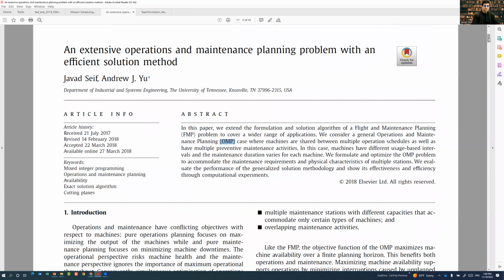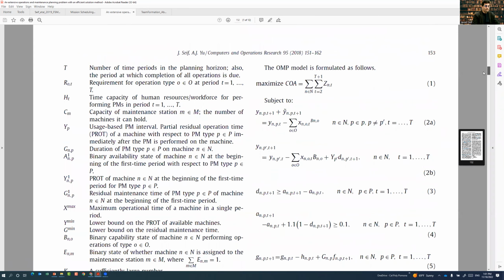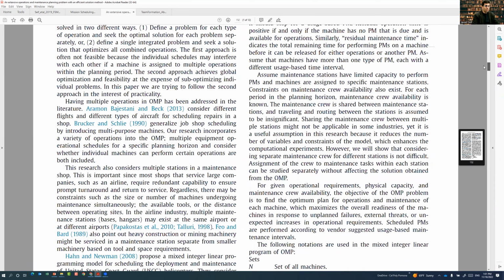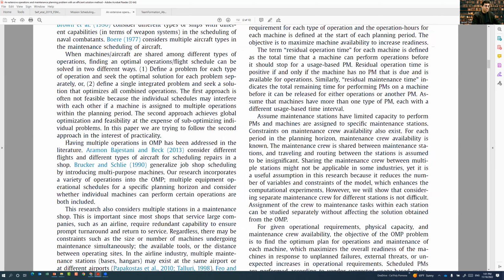And in doing so, to reassure the reader or reviewer that I'm not doing something totally crazy, I'm referencing other researchers who have addressed multiple operations in operation maintenance planning in the literature. And these are examples of that.